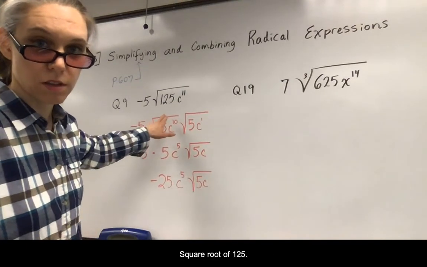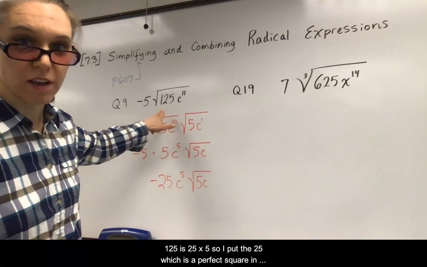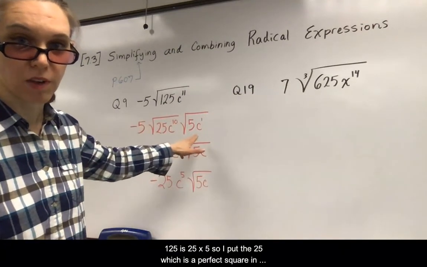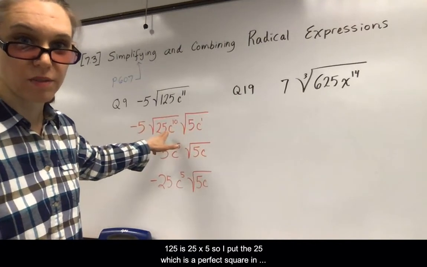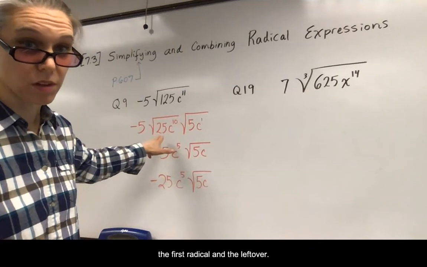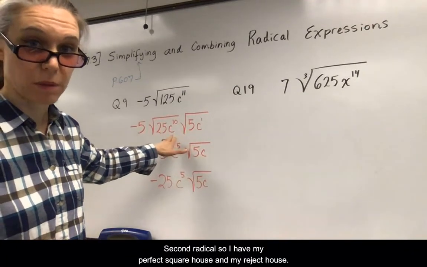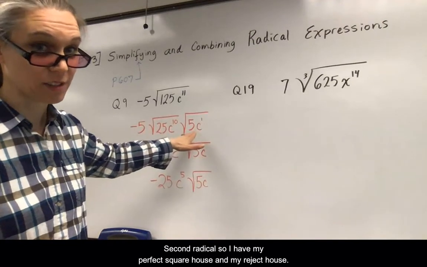So first, the square root of 125. 125 is 25 times 5. So I put the 25, which is a perfect square, in the first radical, and the leftover factor in the second radical. So I have my perfect square house and my reject house.